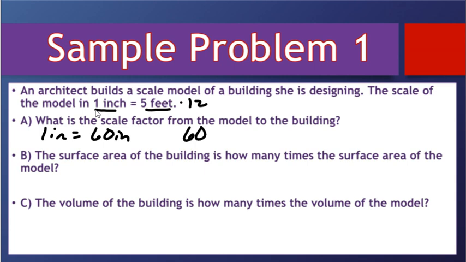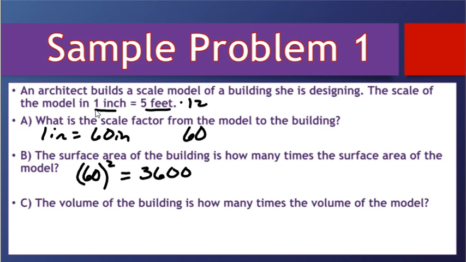Letter B, the surface area of the building is how many times the surface area of the model? When we're comparing area, you take the scale factor, which is 60, and you square it. So 60 times 60 would be 3,600 times as large as the surface area of the model.